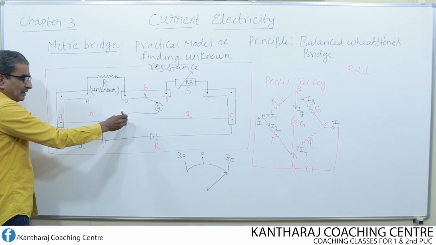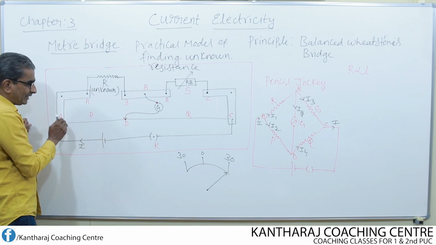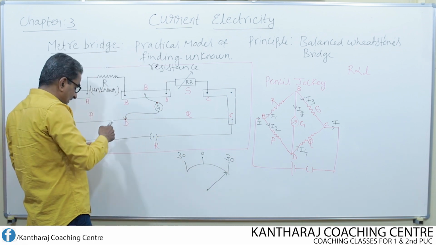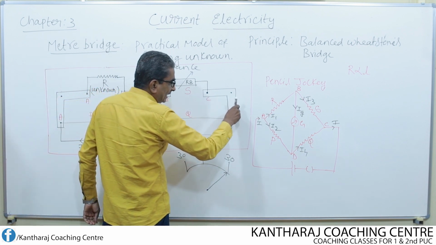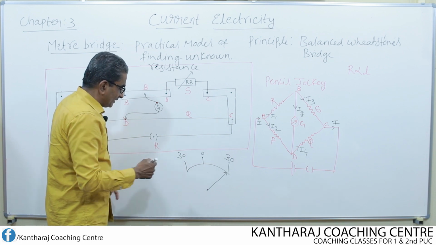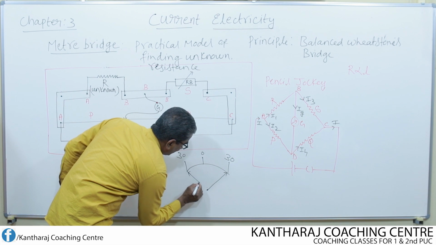On making the contact of the jockey at the end A of the wire, if the pointer shows deflection in one direction, then the same jockey should be made contact at the end C of the wire. Then the deflection will be in the opposite direction.